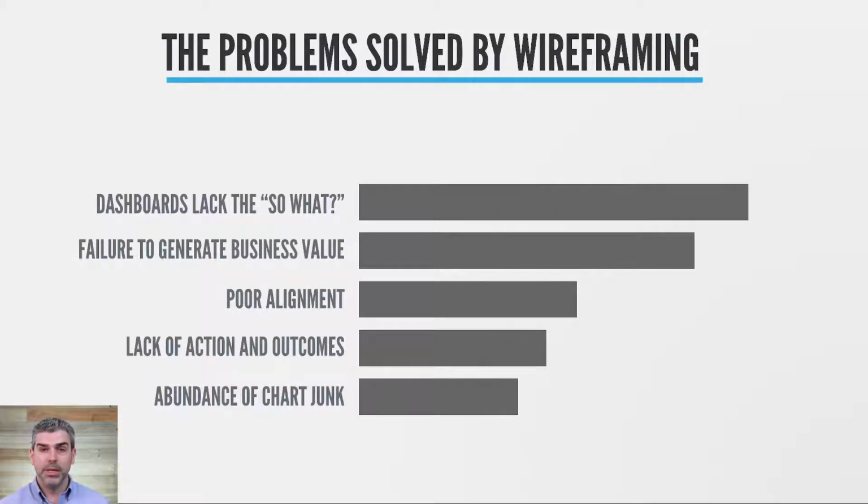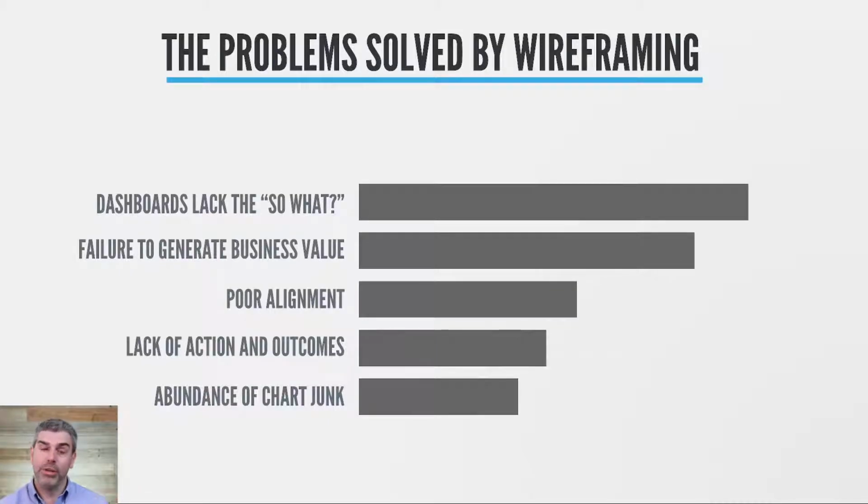We can have poor alignment between our end users, our stakeholders and the consumers of our dashboards, as well as one of the hot topics we hear in analytics, actionable insights. It's really becoming overused, and it's an easy phrase to use, but it's really hard to do in application.